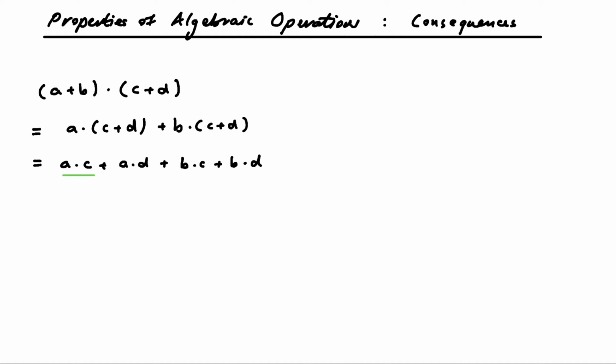So first of all, this here. What do those correspond to? They correspond to these two here. So these are the first from each. Let's write first here. Let's do the next one. Let's do orange. A times D, what does that correspond to? Well, that corresponds to the two outer ones here. So let's write outer. Then what do we have?